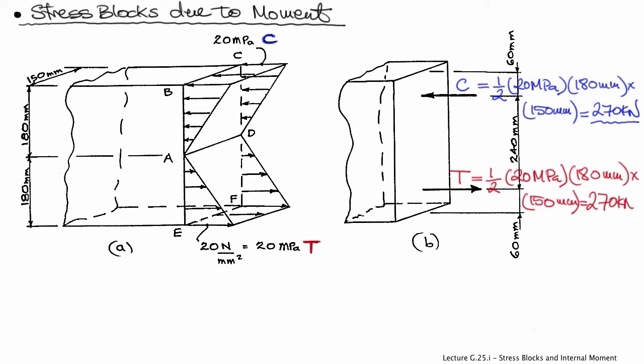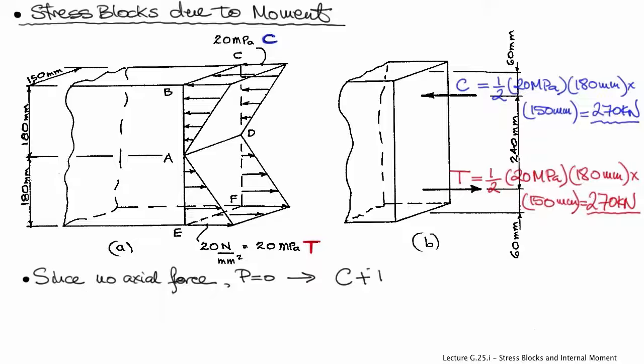So two forces that are equal, parallel, and opposite create a couple. And the forces are located 1/3 away of AB or AE respectively from the top or bottom of the beam. So that's 60 millimeters from the top and 60 millimeters from the bottom. So then the moment arm between them is 240 millimeters.